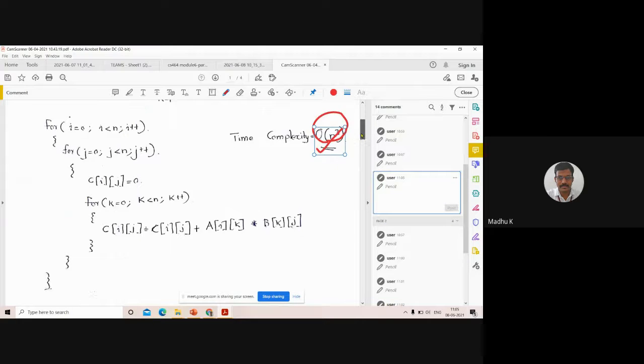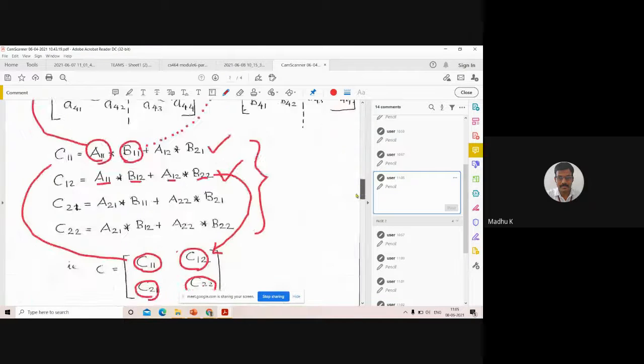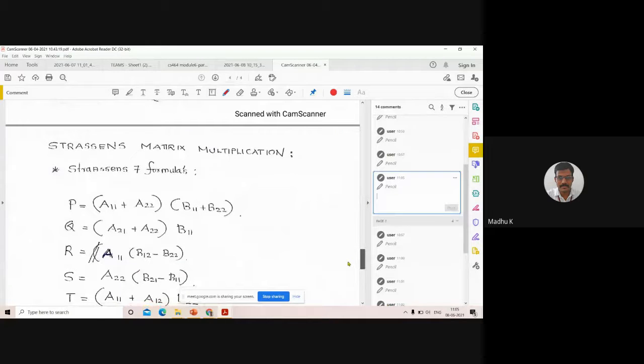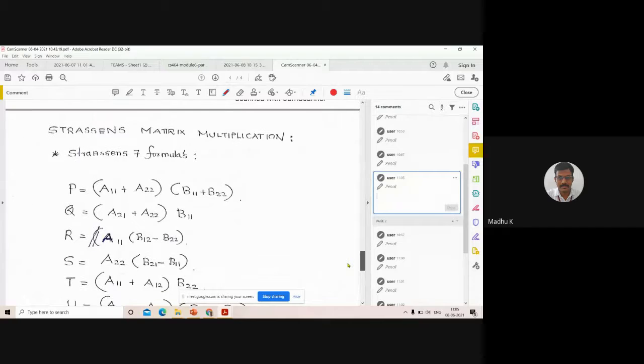Okay. So next we are going to Strassen's matrix multiplication. What does Strassen's matrix multiplication mean? It also uses the divide and conquer approach with some modification.